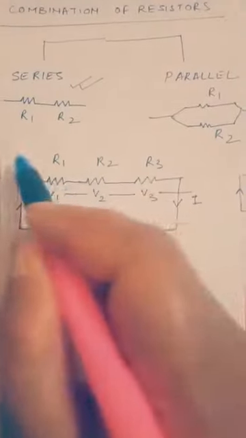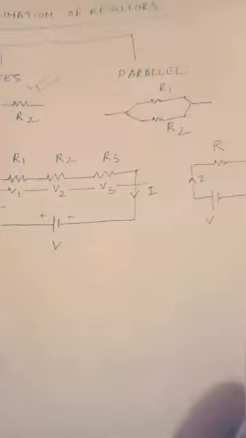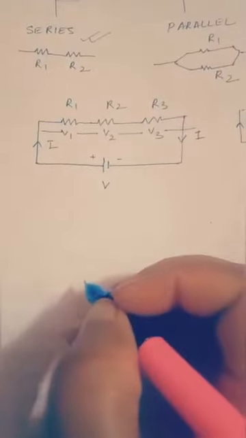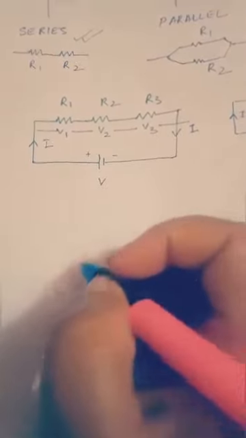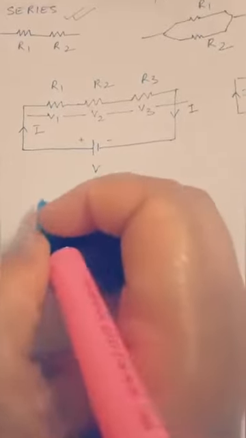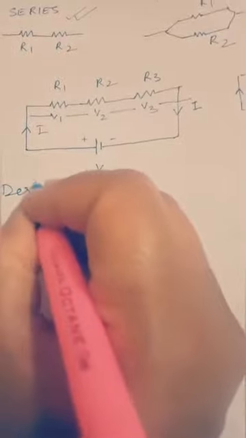It means the work the combination of these three resistors is doing, the same work this single resistor is also doing. So let us see now the formula or the derivation for the resistors in series. We have a derivation over here.